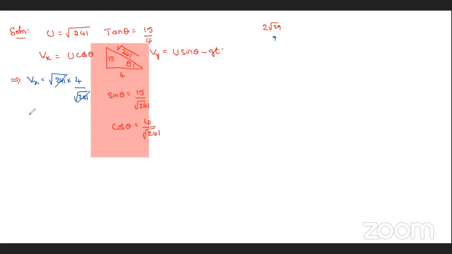These two get cancelled. Vx is equal to 4. Okay, one is over. And Vy is u sin theta minus g t: root of 241 into 15 by root 241, again cancelled, minus 10 times 1. So Vy is 15 minus 10, that is equal to 5.